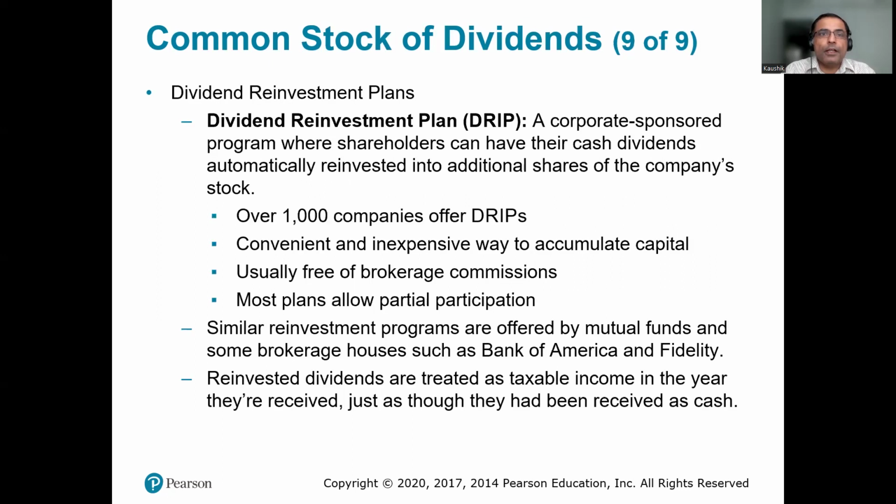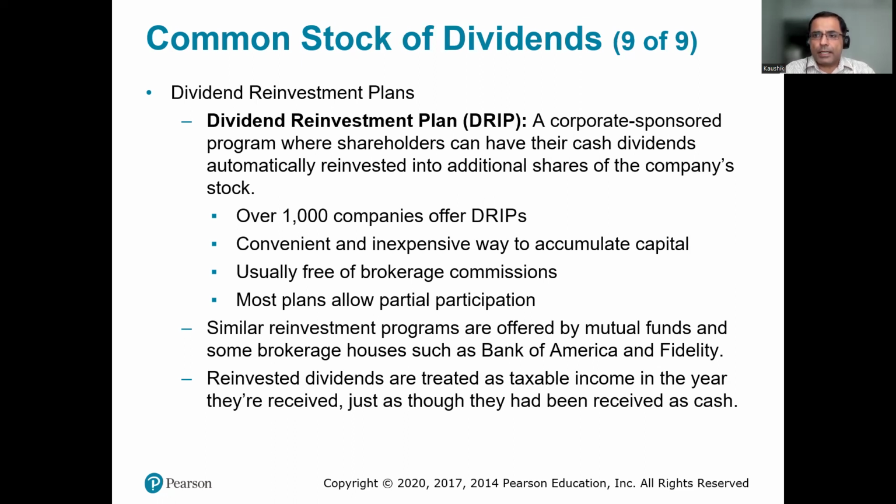Another aspect of this dividend payout is the dividend reinvestment plan. In this case, whenever shareholders receive cash dividends, they automatically reinvest that money in the company by buying additional shares of the company. So this is a convenient way to invest the cash received from the company.